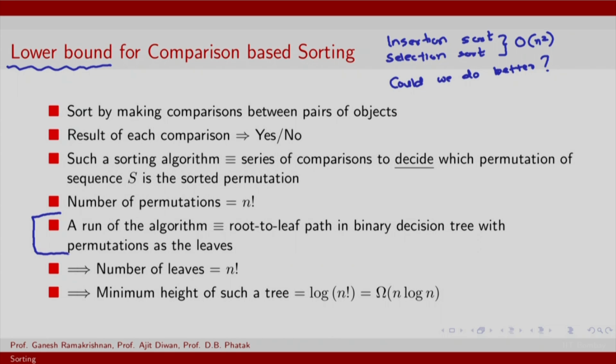We will try and view each of these algorithms that we have discussed so far, or any other algorithm that we might come up with in the future based on comparison, as a run of an algorithm on a large binary decision tree. So here's what we are saying: you have some large binary decision tree.